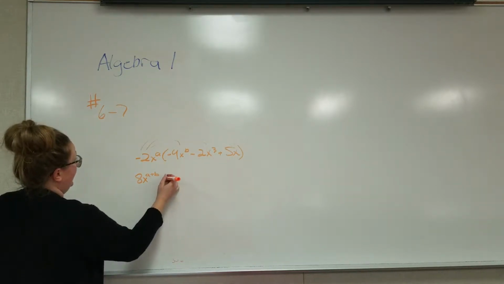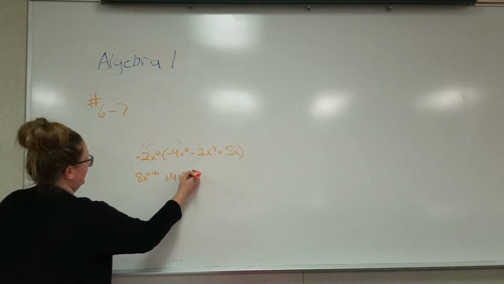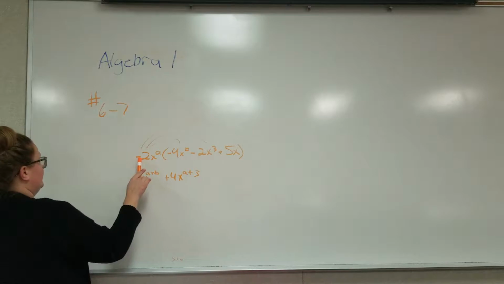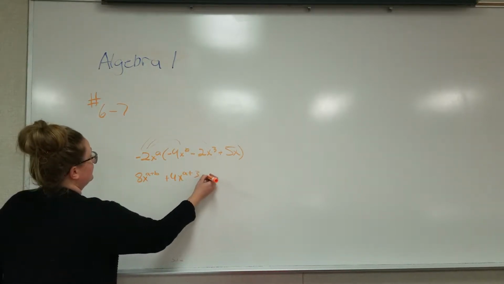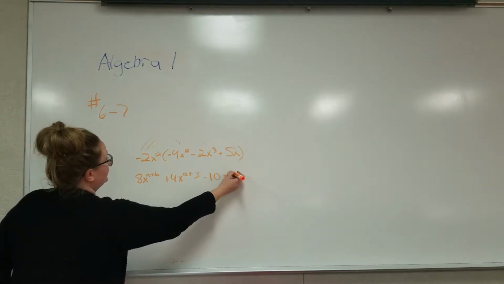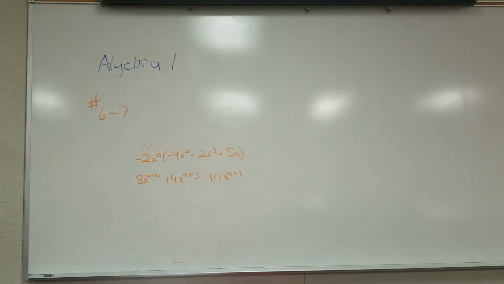So 2 negatives, again, a positive 4. X to the power of a plus 3. And last, we have negative 2x to the power of a times 5x. So negative 2 times 5 is negative 10. And then this is going to be x to the power of a plus 1. We don't see the 1, remember, but we do have to add the 1 whether we see it or not.